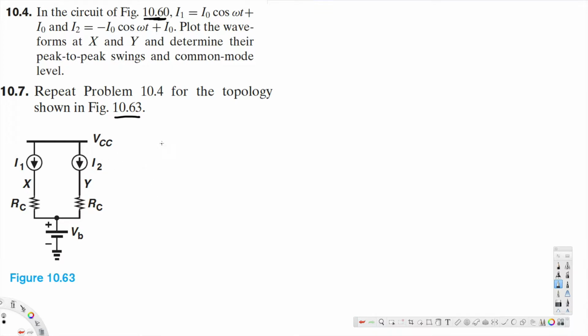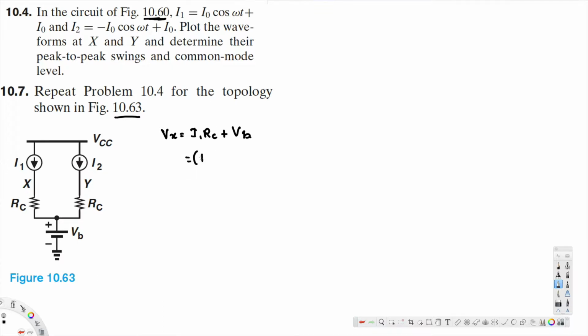Here, if you see, the voltage at Vx is going to be I1 times RC plus this voltage, that's VB. Now instead of I1 we can replace it with I naught cos omega t plus I naught.